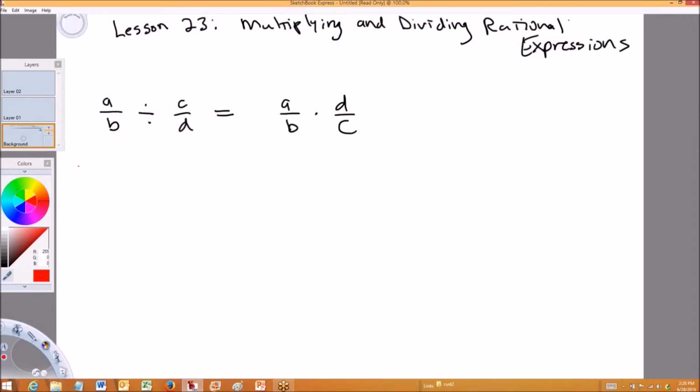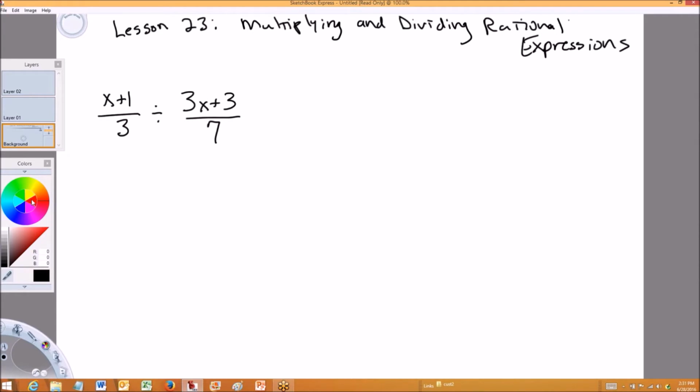So note that with the division sign here and this rational expression, it just flips around. This rational expression flips around from C over D to D over C, polynomials. Let's work out this problem. Okay, the first thing we notice is this can be factored out.